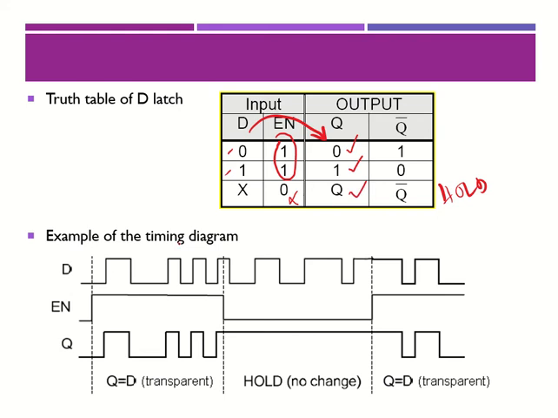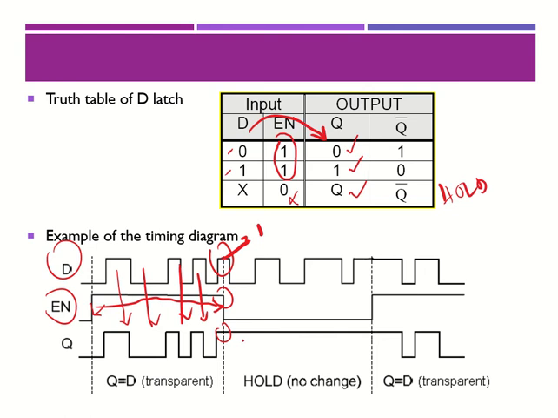So this is a timing diagram example. You have a D over here, your enable is 1, so whenever the enable is 1 it's going to repeat back the D. You see over here enable is 1, from here to here, so it's going to repeat everything again. But exactly over here, when the enable changes from 1 to 0, the last bit over here is equal to 1.